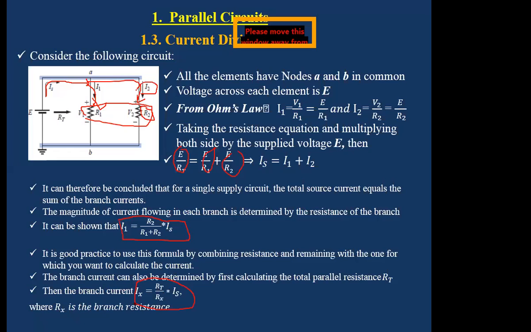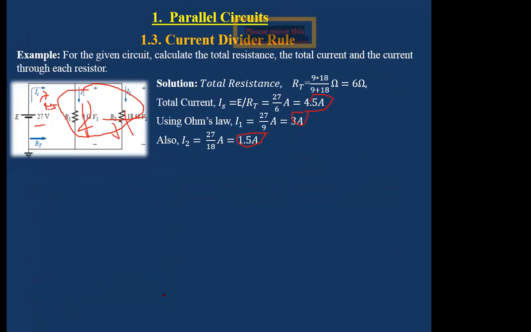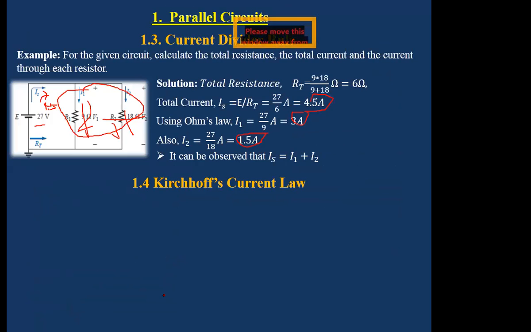But if you come to this other formula, you'll see that the resistance of the branch is in the denominator, which means the current is inversely proportional to the resistance. A high resistance branch will have a lower current, and a lower resistance branch will have a higher current, because current, you remember, flows in the path of minimum resistance or of least resistance.